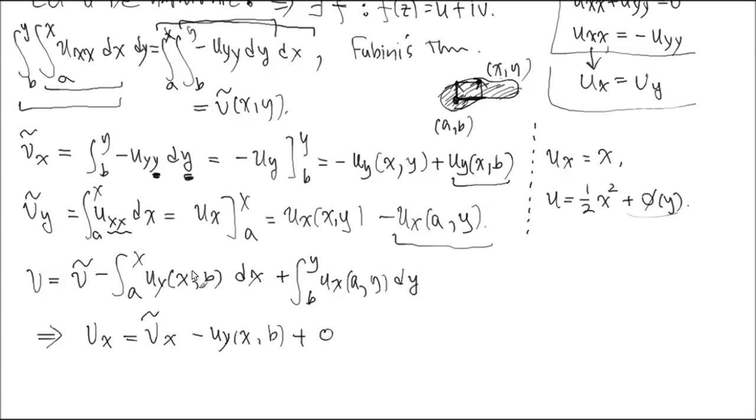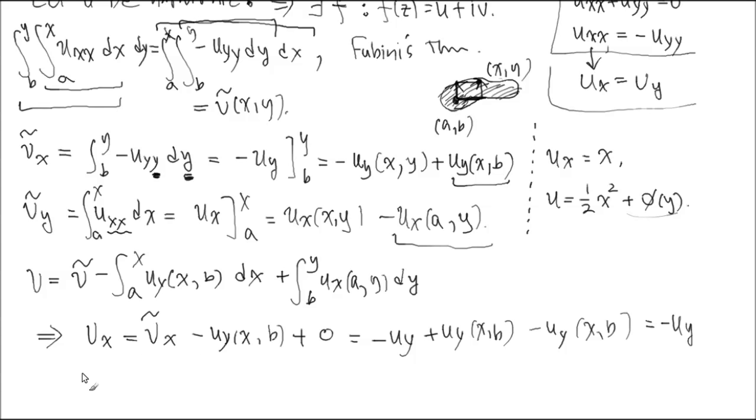So what is now the Vx? We have calculated Vx tilde, which is negative uy plus uyx b, but there's negative uyx b, right? So they cancel, it gives you negative uy. So by adding those two terms, we successfully got rid of that additional term there. You can see this is a function in x, it is a function in y. They arise as you go through the antiderivative process carefully when you do these two iterated integrals.